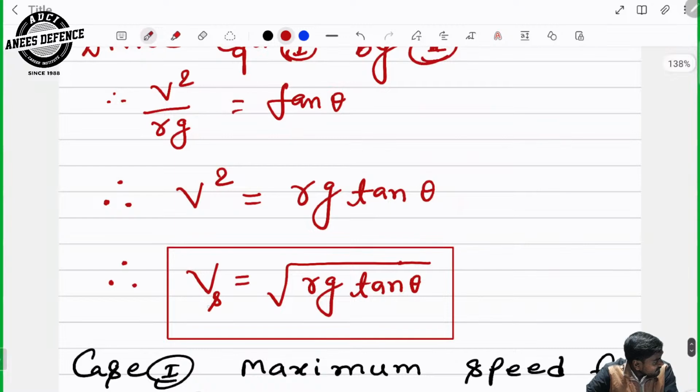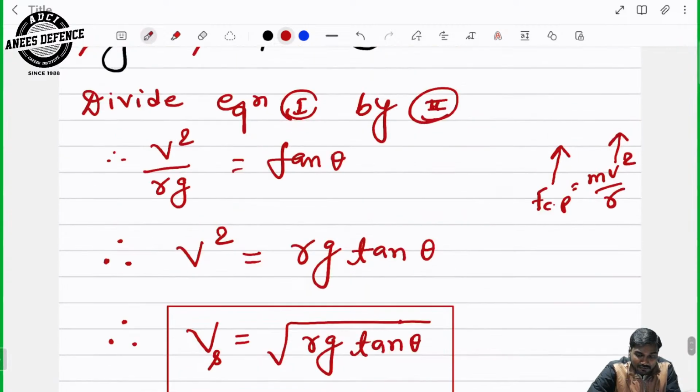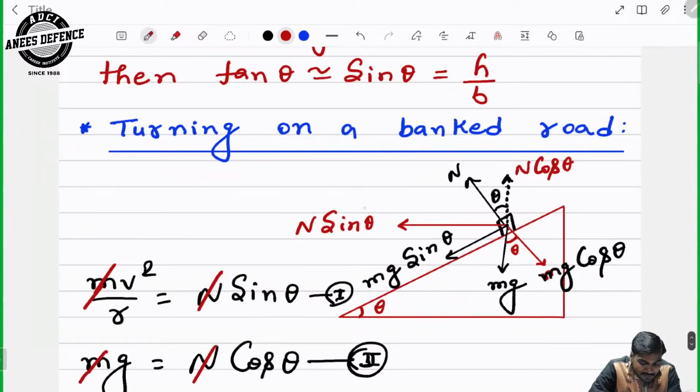Just consider here, if you are increasing the velocity, what is the centripetal force? mv square upon r. So if you are increasing the velocity, your centripetal force will also increase. Yes or no? Yes. The centripetal force is nothing but n sin theta.